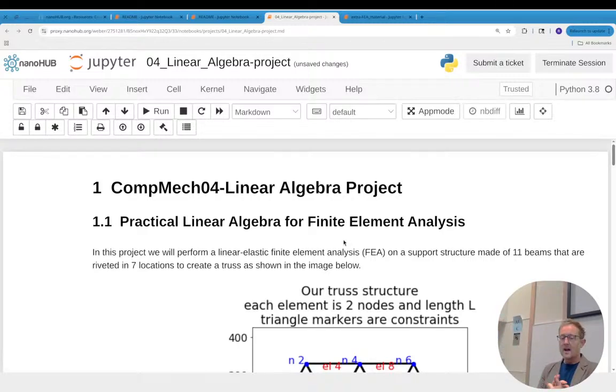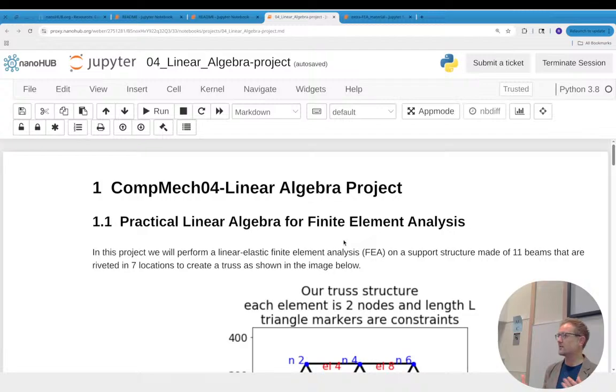So the finite element method has 3 main steps. The first step is defining geometry and assigning materials, and then the next step is to prescribe boundary conditions and solve it. And then the last step is to post-process. We're skipping the meshing part and the material.